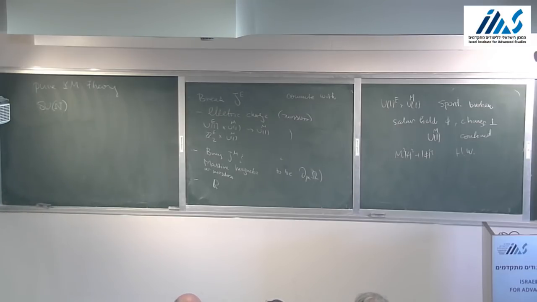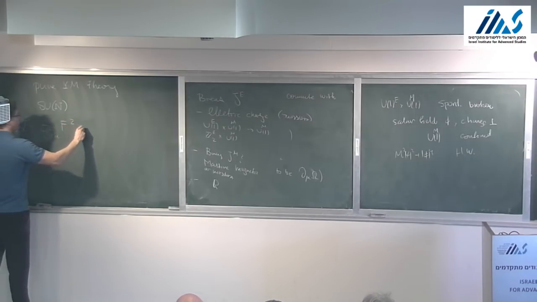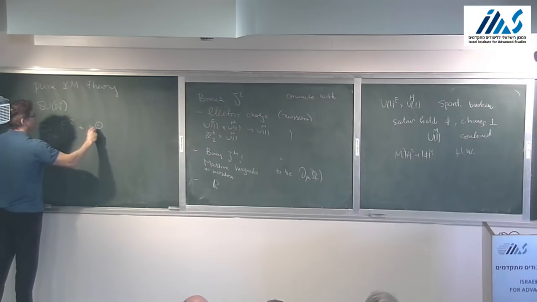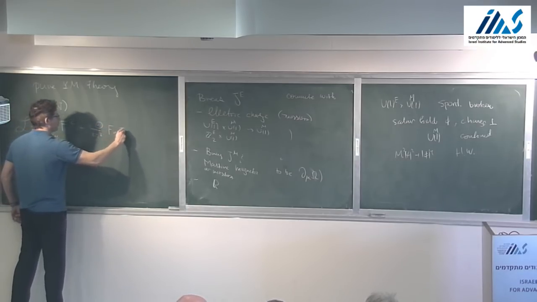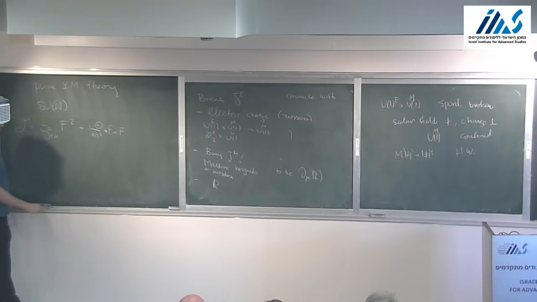The discussion of other groups is full of various subtleties that are of no concern right now. So this is going to be the Lagrangian, the quintessential strongly coupled theory.